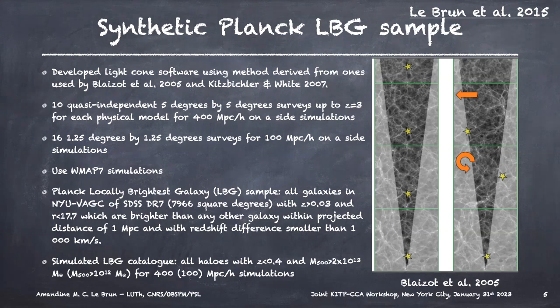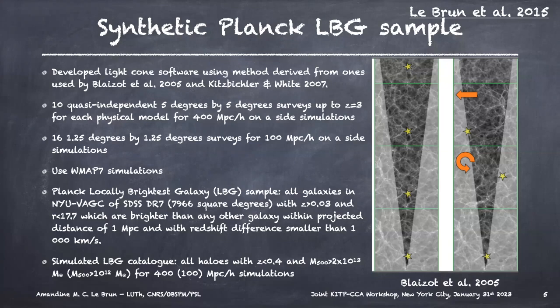We also made a synthetic catalog of halos analogous to the halos that were supposed to host the Planck locally brightest galaxy sample extracted from the SDSS-DR7. So we took all halos with redshift less than 0.4 and masses above 10 to the 12.